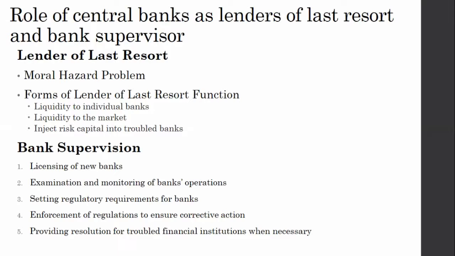In off-site examination, central bank will use the information collected throughout the on-site examinations and the other secondary data, and they will observe whether this particular bank is meeting the regulatory requirements imposed by the central bank, right? So they can enforce the corrective actions, and also they can provide the resolution for the troubled financial institutions.